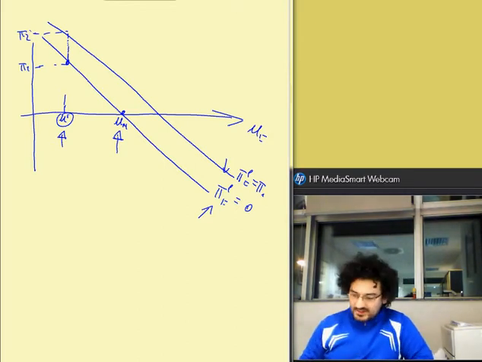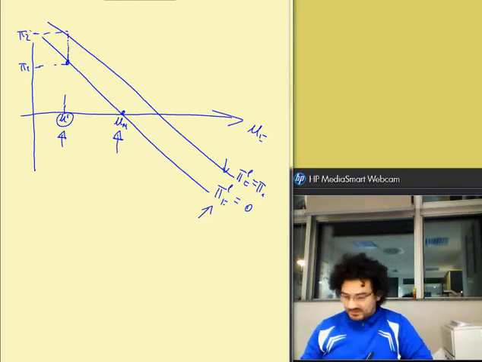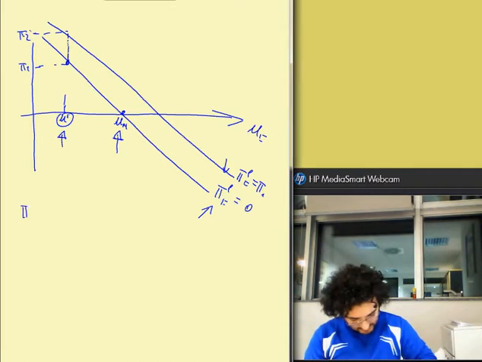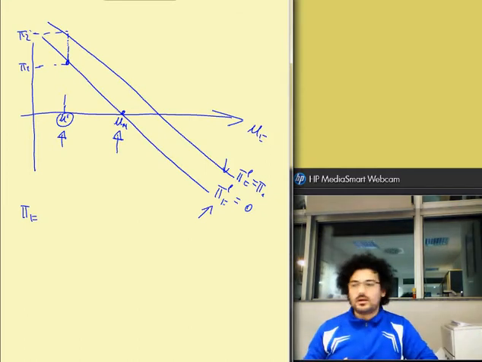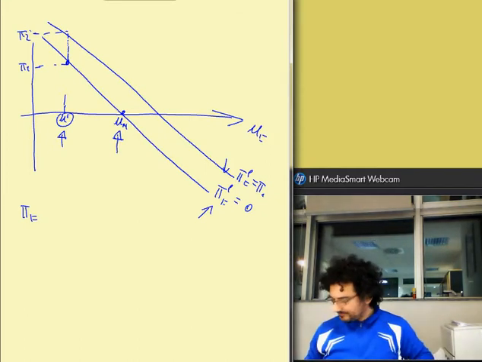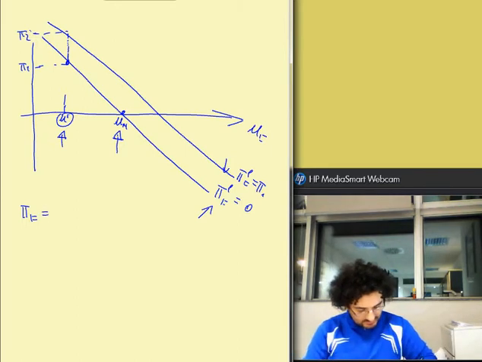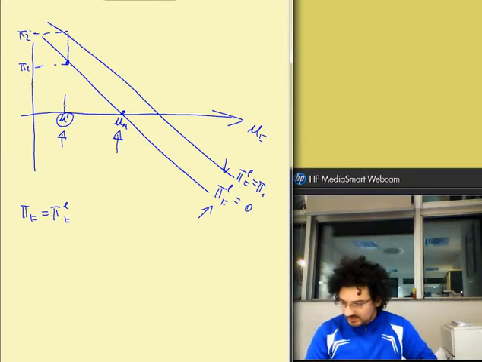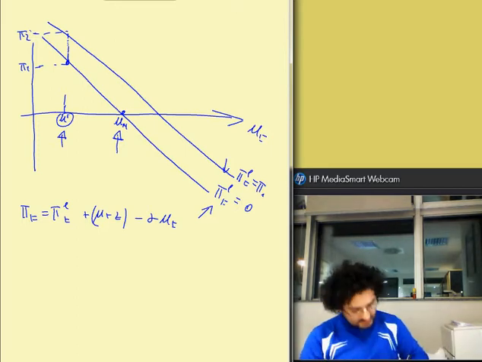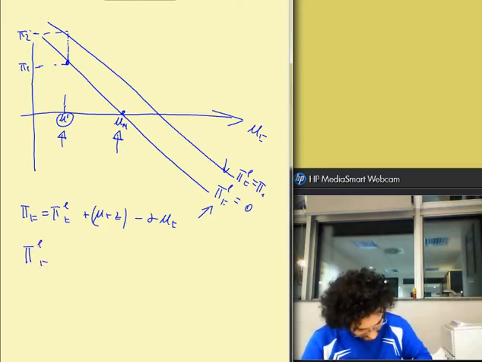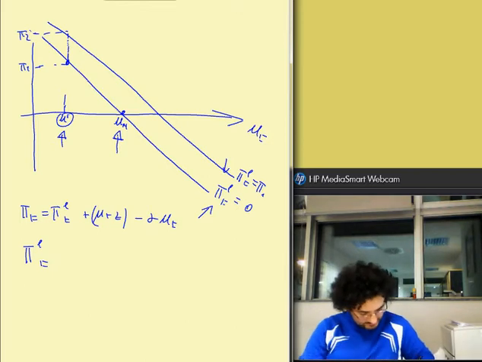In order to better understand this new formulation of the Phillips curve, we can rewrite the Phillips curve as we derived in theory: pi t, the actual inflation rate, equal to the expected inflation rate plus mi plus z minus alpha ut. We can assume that the expectation of the inflation rate is equal to the inflation rate in the previous period.